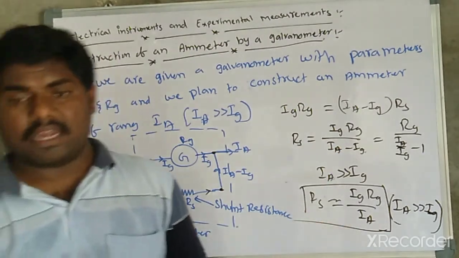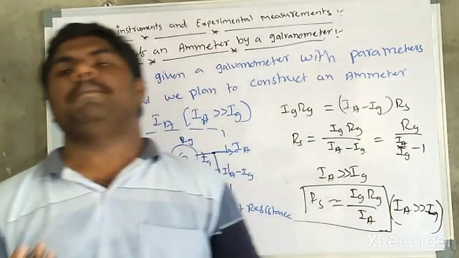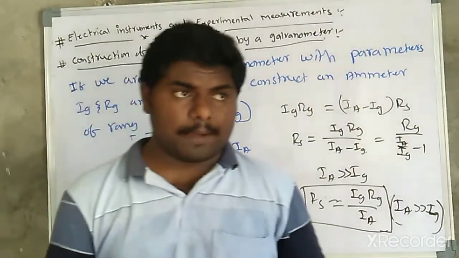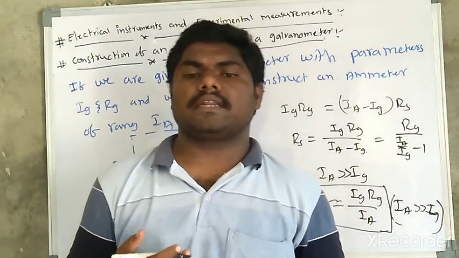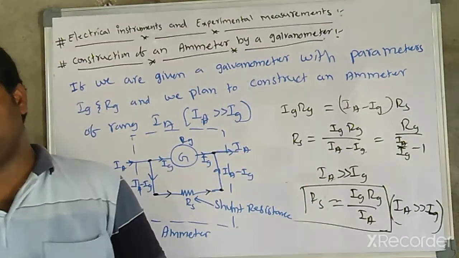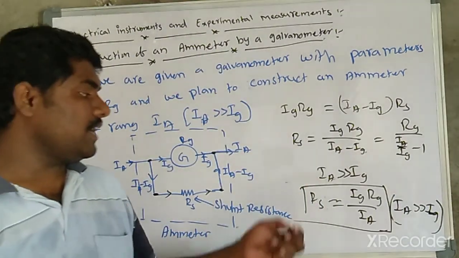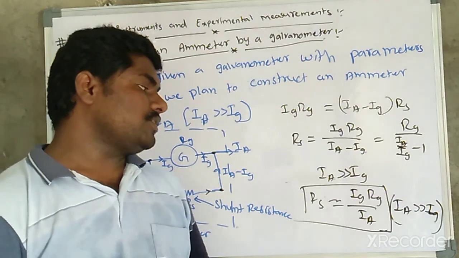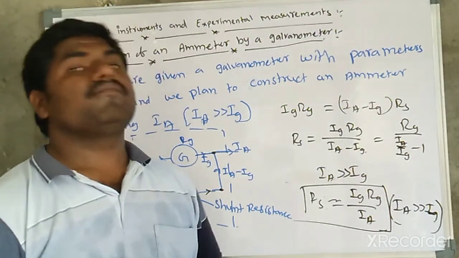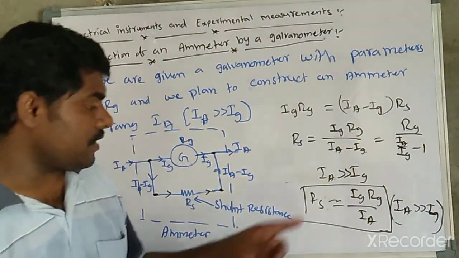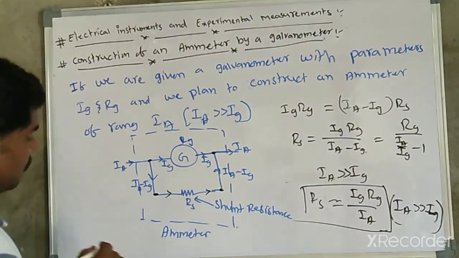For example, Ig is equal to 10 milliampere, the internal resistance Rg is equal to 50 ohm, and Ia is equal to, let me consider, 5 ampere. You may use the formula directly here.